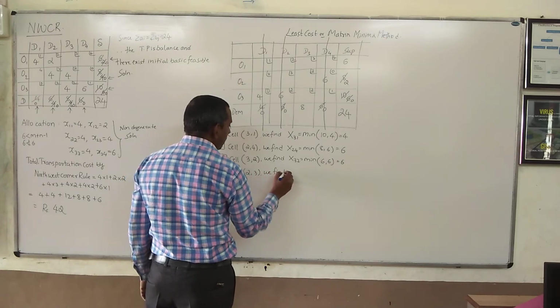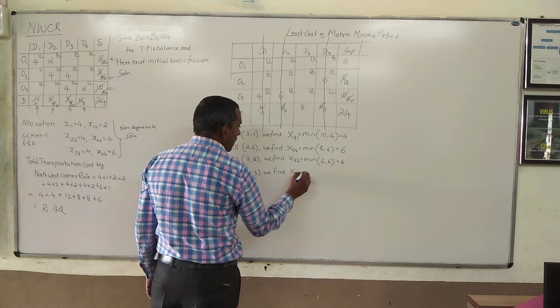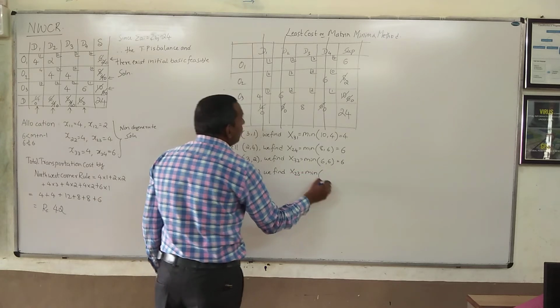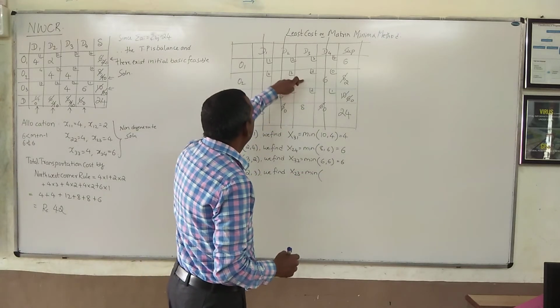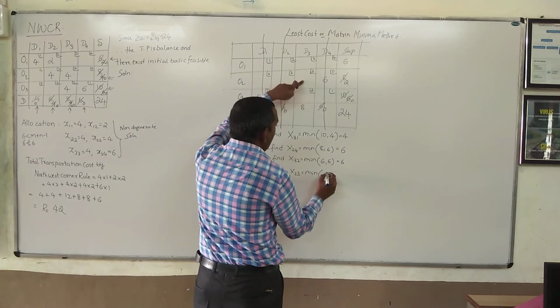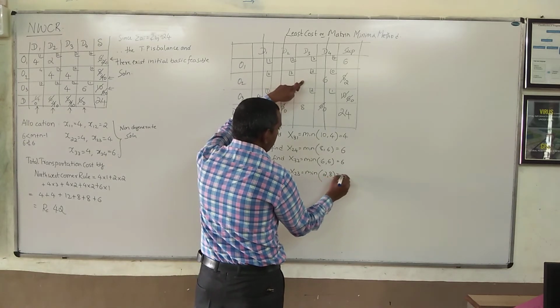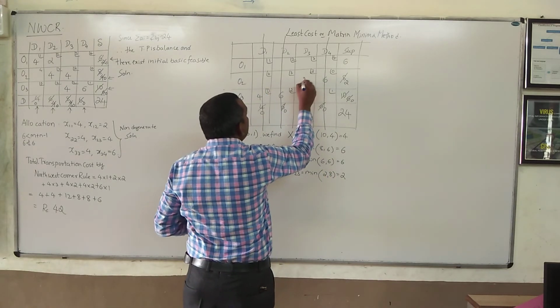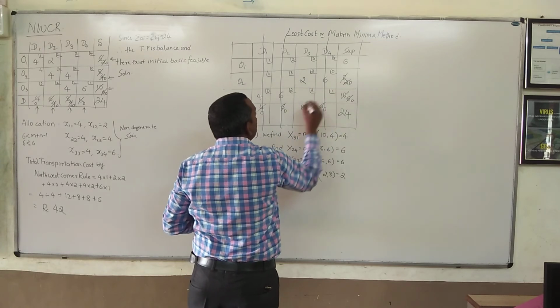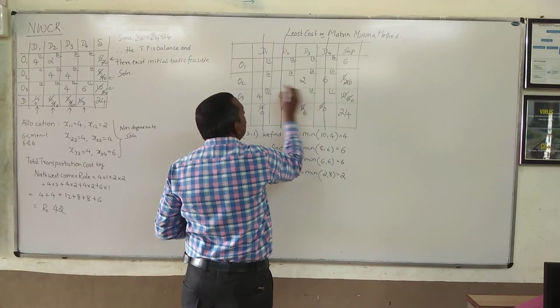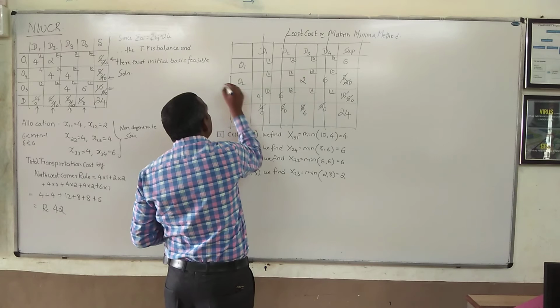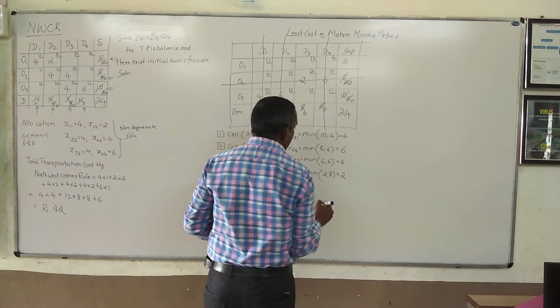So we find x23 minimum. What is the minimum here? 2 comma 8, that is 2. So let me write 2 here. This will become 0 and this becomes 6. So this row got exhausted.